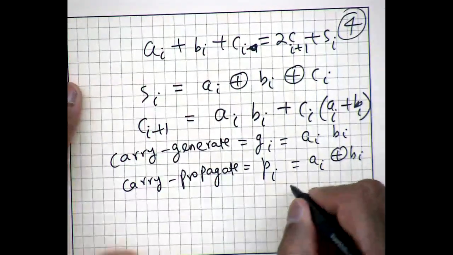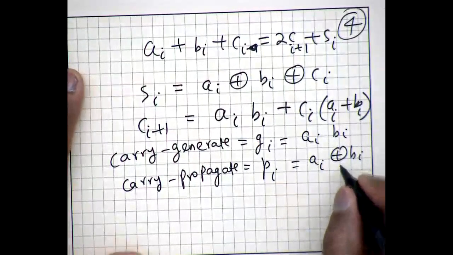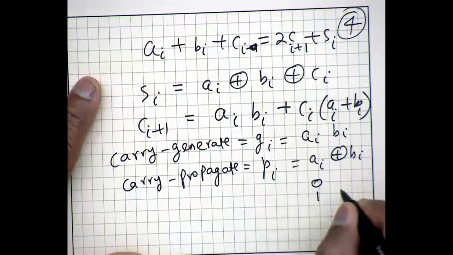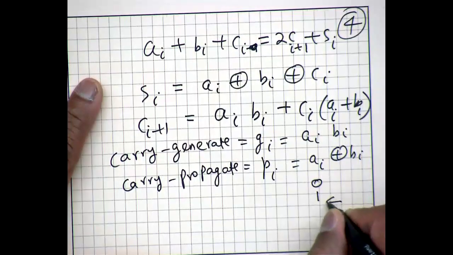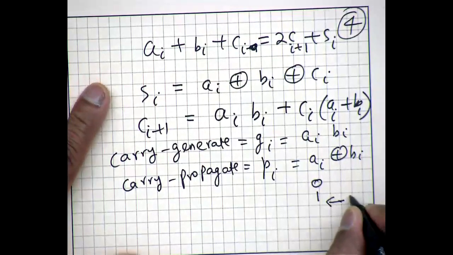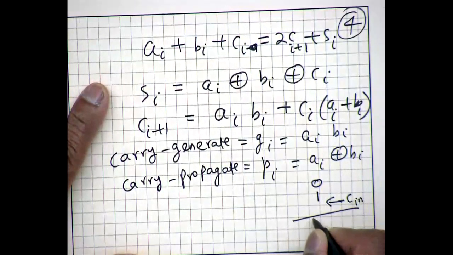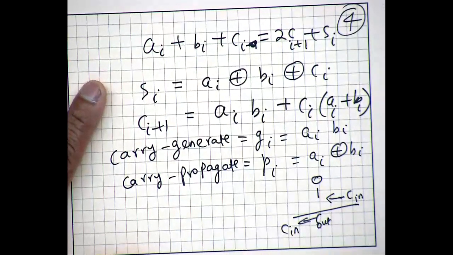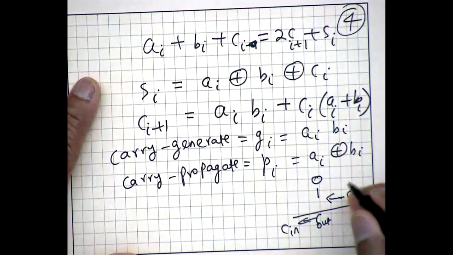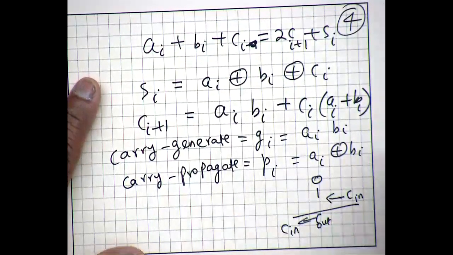If we had A and B, 0 or 1, so this is Ai, Bi, and we got a carry input C in, that means the carry out will be equal to carry in. That's the idea of carry propagate. So the carry is being propagated to the left.